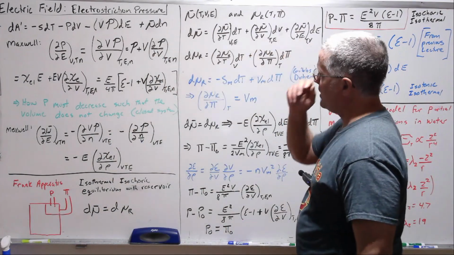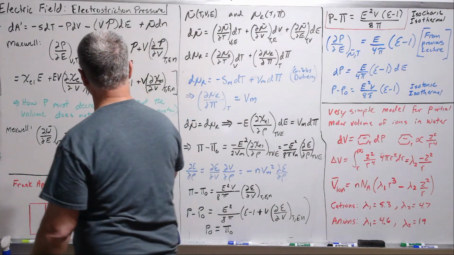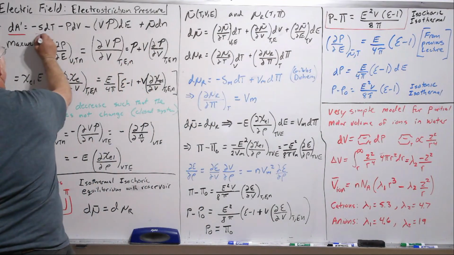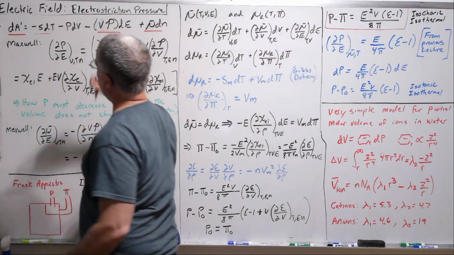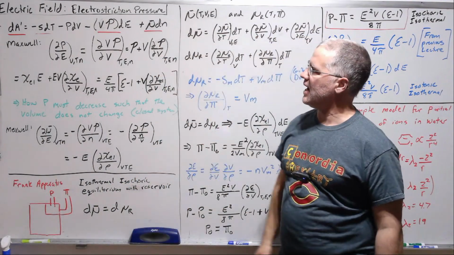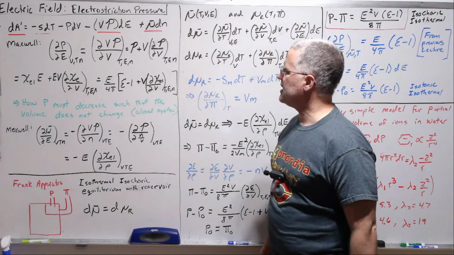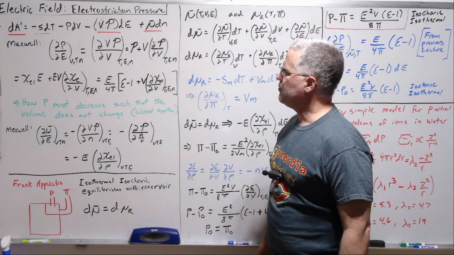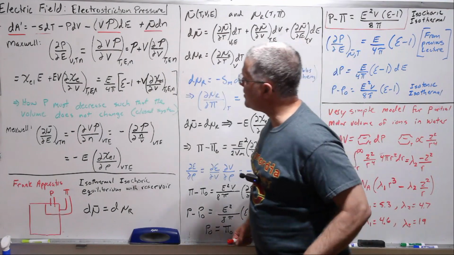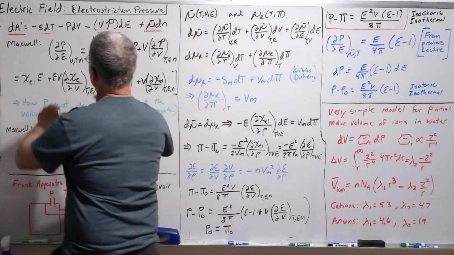All right, so first thing, let's get started with the Helmholtz version of free energy. We'll use A prime, so that we have flipped out the electric field with the polarization term. Now let's develop a Maxwell relation for this.